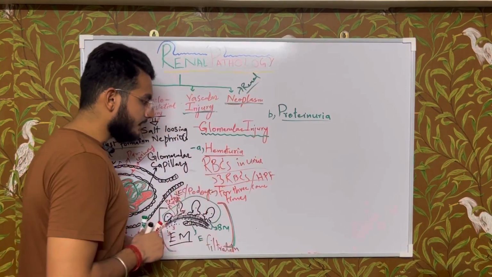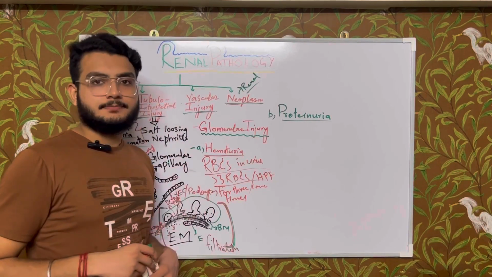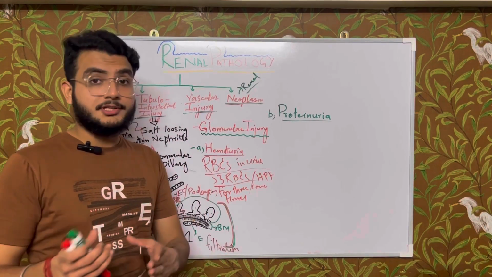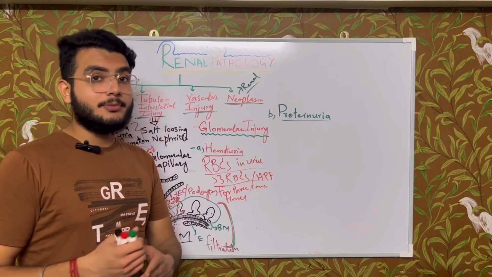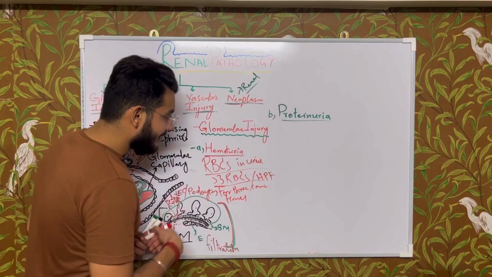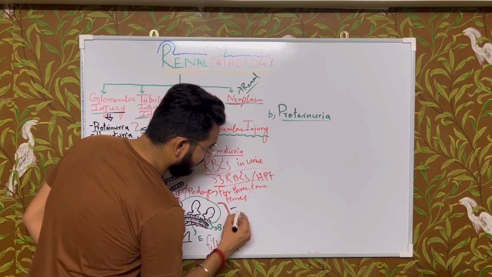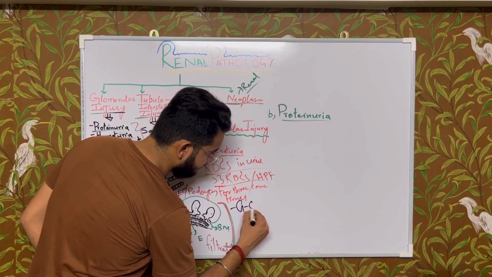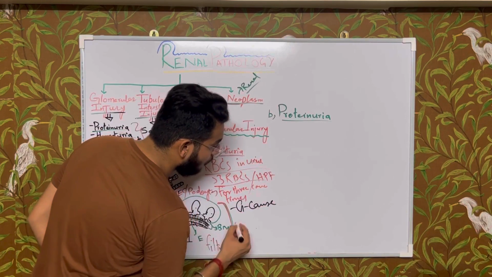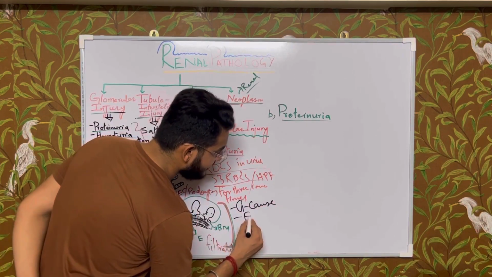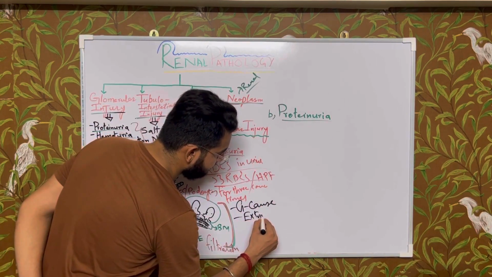The hematuria could be either glomerular or extraglomerular. It could be caused by some glomerular cause, and it could also be caused by some extraglomerular cause.